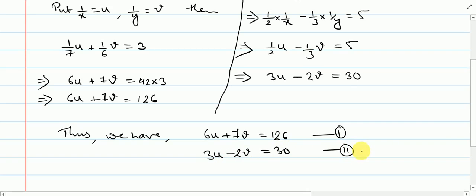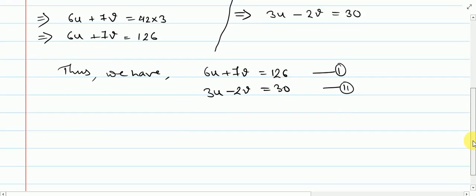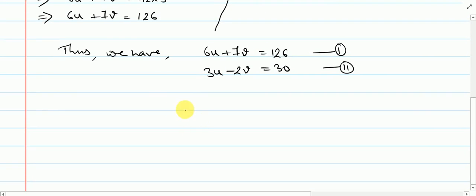Give this equation 2. Done. Now you have to see what you have in front of you. So you have 6. This 6 should be multiplied here, and here you have 3. This 3 should be multiplied here.